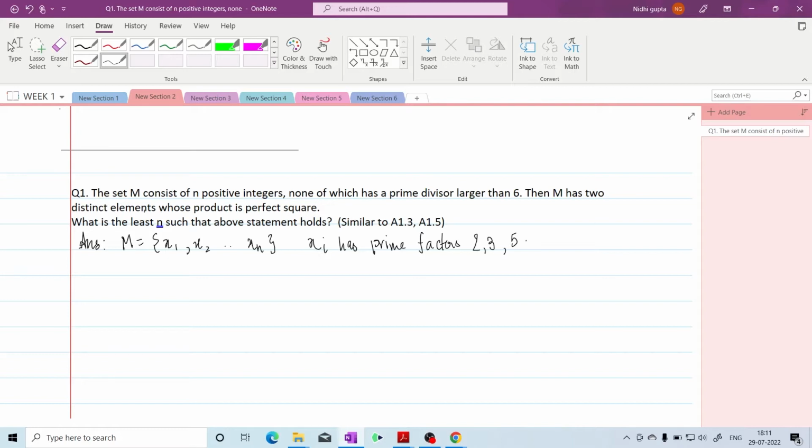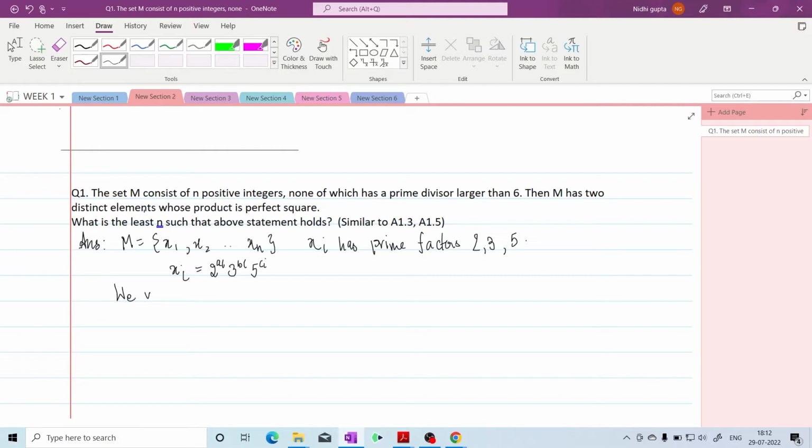Since each of the xi's is a positive integer with prime factors 2, 3 and 5, we can write each xi as 2 raised to the power ai, 3 raised to the power bi and 5 raised to the power ci, where ai, bi and ci are the powers of 2, 3 and 5 respectively for each xi. Now, what do we want?